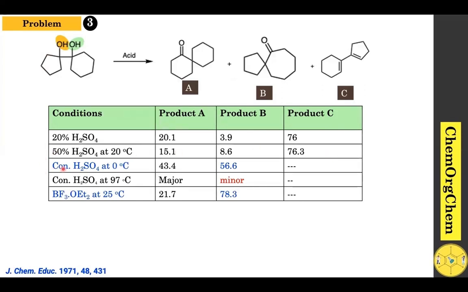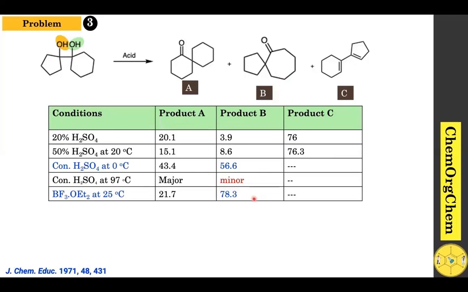However, when we use concentrated sulfuric acid at 0 degrees Celsius, product B is the major product, and when the same reaction is conducted at 97 degrees Celsius, product A is the major product. And when you use a Lewis acid such as BF3 etherate at room temperature, once again you will get B as the product.